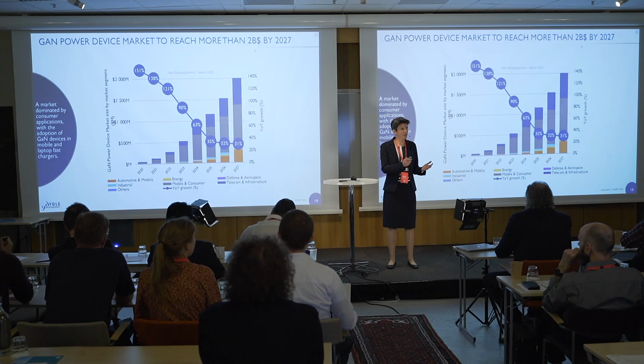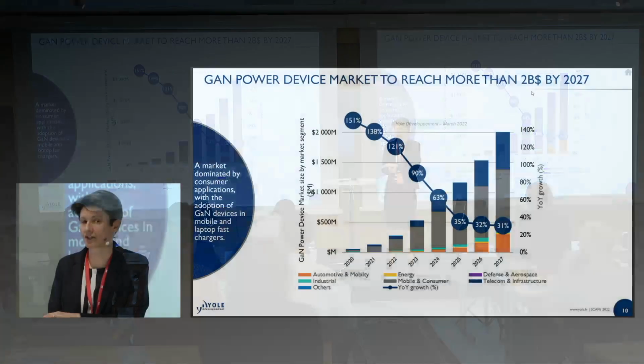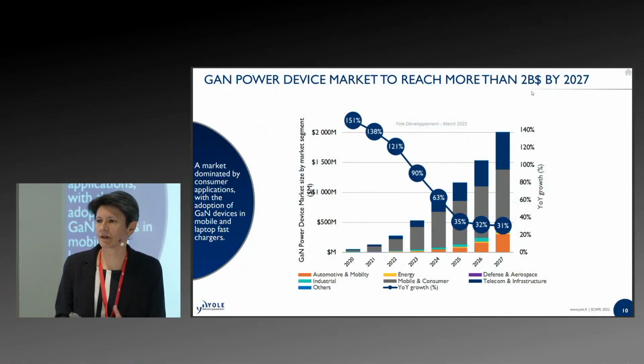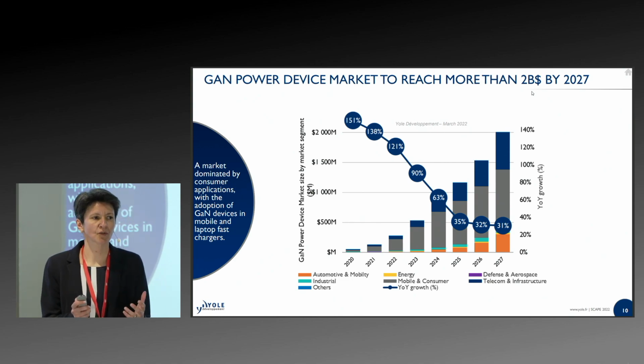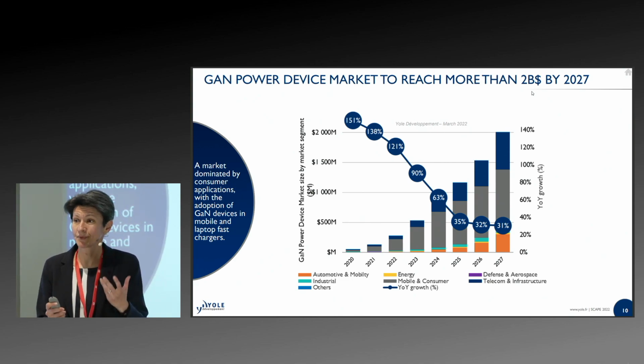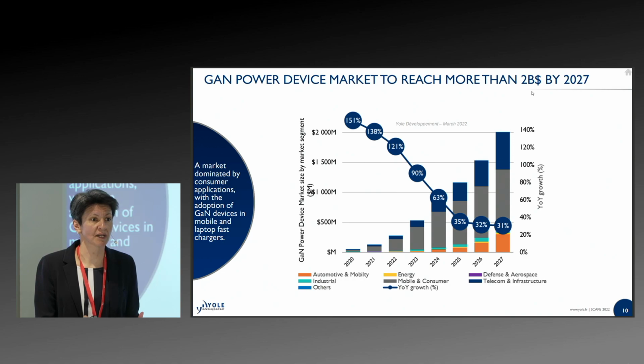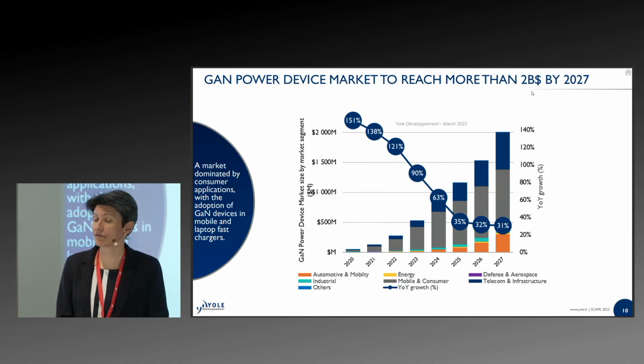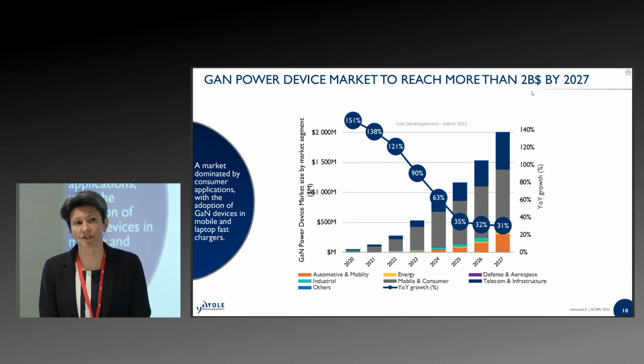And when you look at a 5G base station compared to a 4G base station, some of the numbers out there say a 5G base station would consume 40 to 70% more power than a 4G base station. So we all understand why we need more efficient energy conversion for these applications.